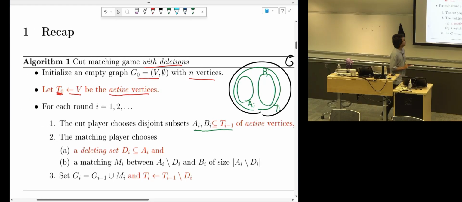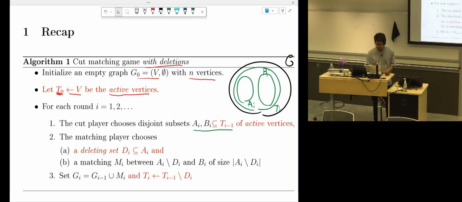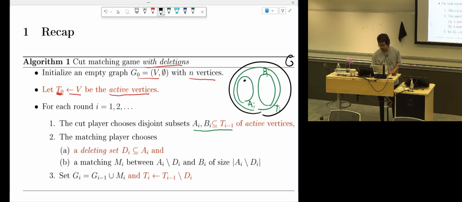In the normal, standard cut matching game, the matching player will just match every node in A to some node in B. Maybe some node in B is not matched, but everyone in A is matched. That's what the matching player does in the standard one.